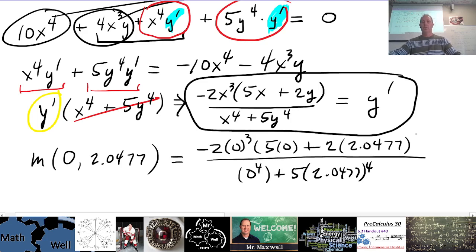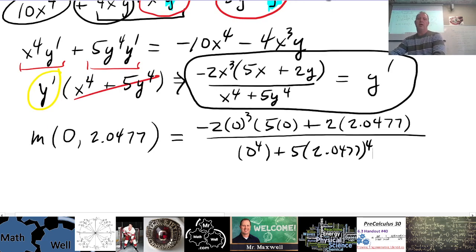It shouldn't be 0, I don't think, because we have 0 here. Oh yeah, the top is going to be, there's brackets there, so this is going to be 0 times this.